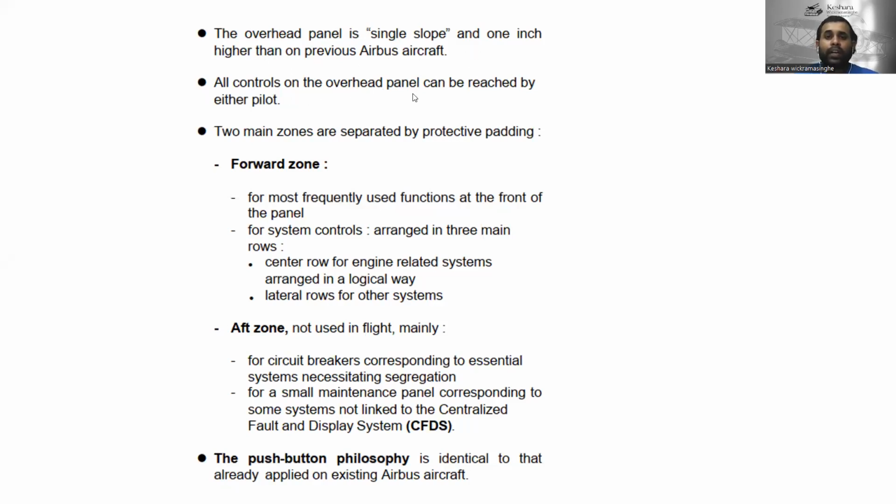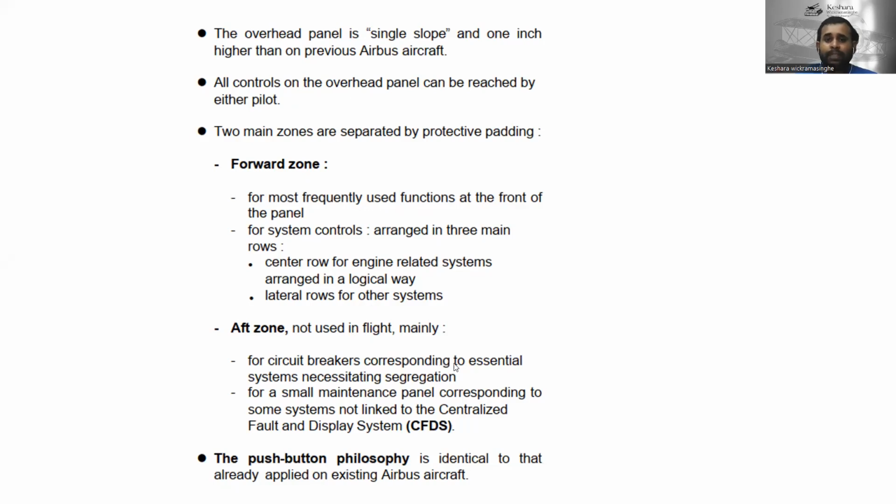All controls on the overhead panel can be reached by either pilot. 2 main zones are separated by protective padding. Forward zone, the most frequently used functions at the front of the panel, and system controls arranged in 3 main rows. Center row for engine-related systems arranged in a logical way, and lateral rows for other systems. Right? Aft zone not used in flight mainly.